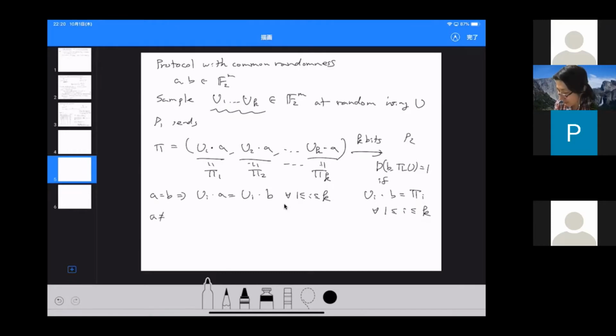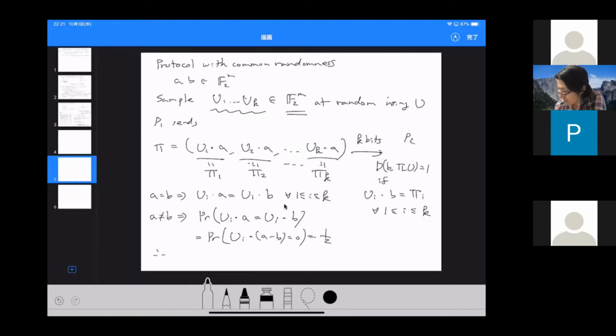When A and B disagree, because Ui is sampled from this set at random, the probability that the inner product of Ui and A coincides with the inner product of Ui and B is the probability that the inner product of Ui and A minus B equals 0, which is half.